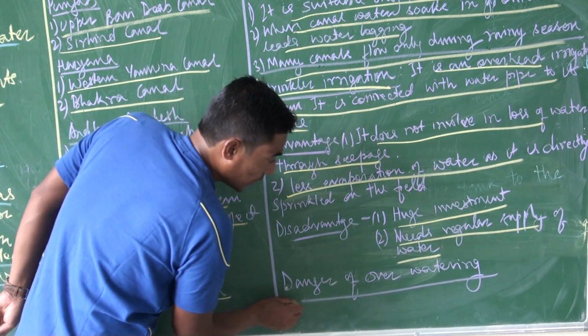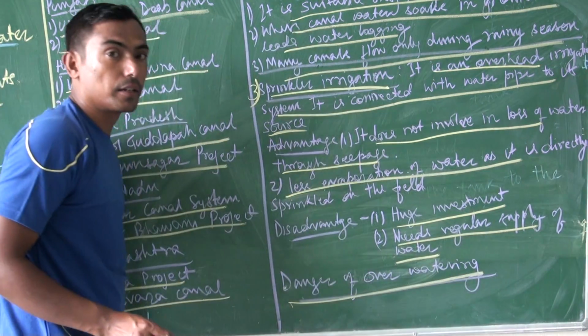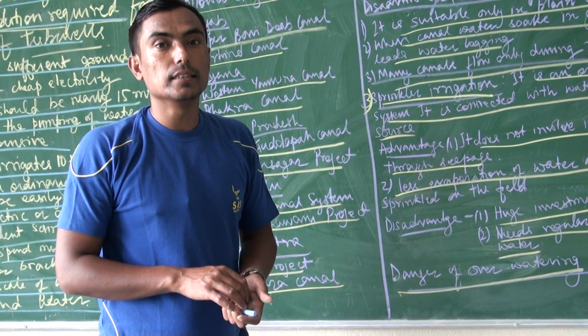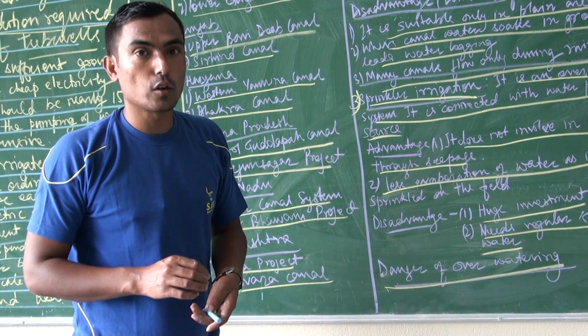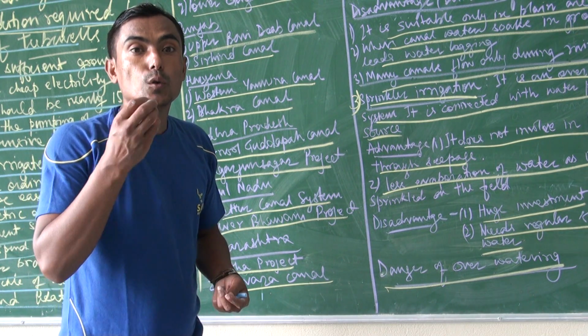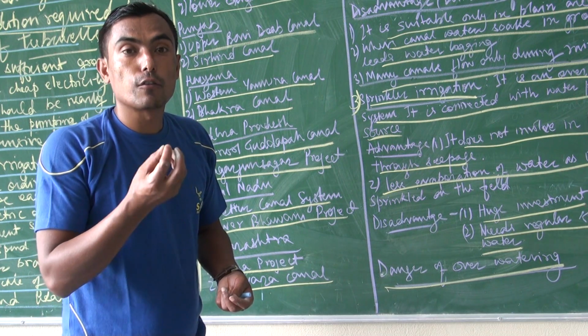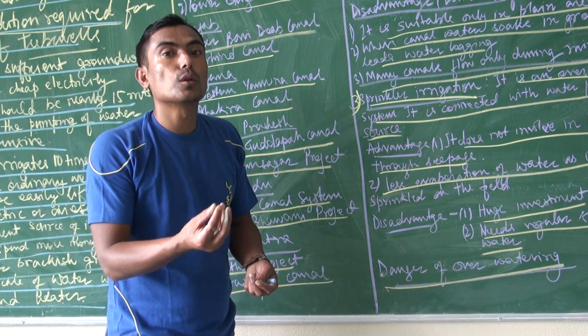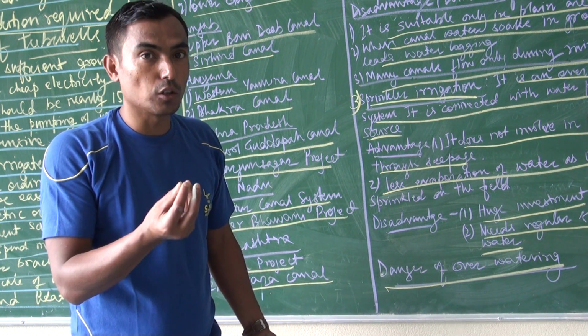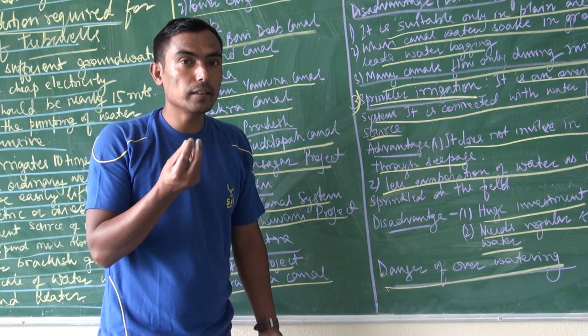Next topic, danger of overwatering. Now here listen. Whenever excess water is given to the fields, it results in water logging. And when water logging takes place, the soluble minerals from the lower layer of the soil come up. Those soluble minerals are the salts, because salts are soluble in water.